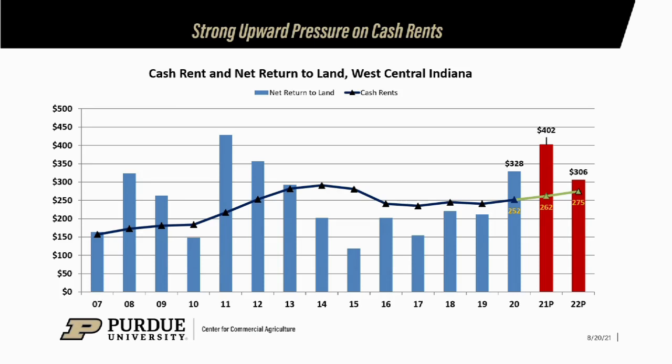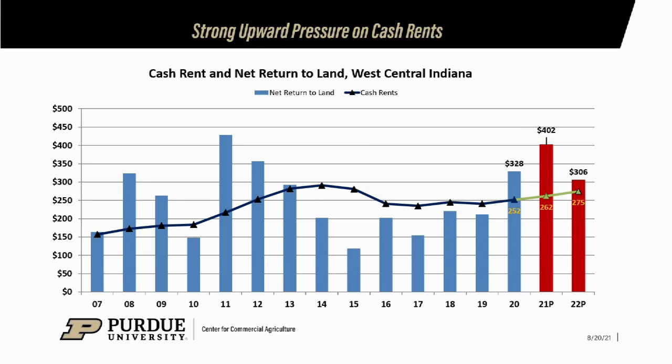And so you can explain the increase in 21 using that formula. The higher net return in 20 translated into that higher cash rent. Looking at 22, I can use that relationship to guesstimate. It is a guesstimate; I wouldn't call it a projection. It's more of a guesstimate that cash rent could easily increase 5 to 10%. I think the 5% is kind of a low estimate because I think inflation is going to be 5%.